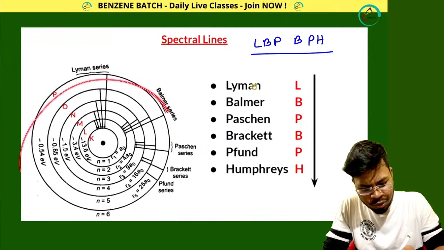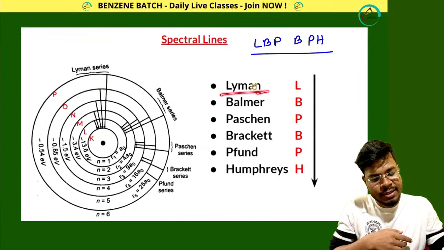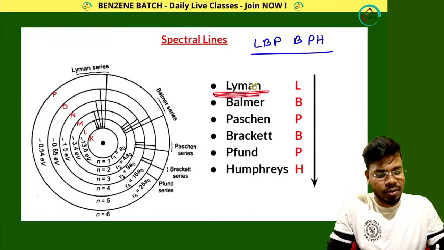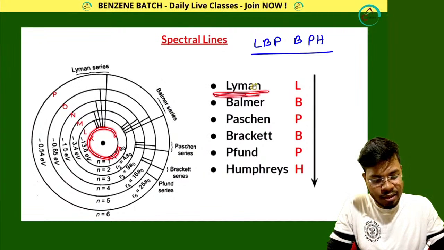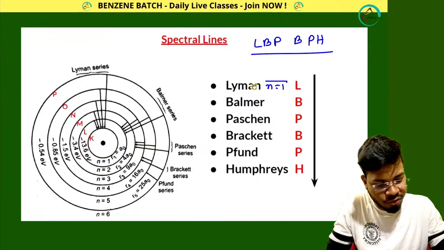Based upon this, you will be getting different kinds of series. So what about the Lyman series? Lyman is the first one. That means Lyman is for n equals 1, the first orbit.